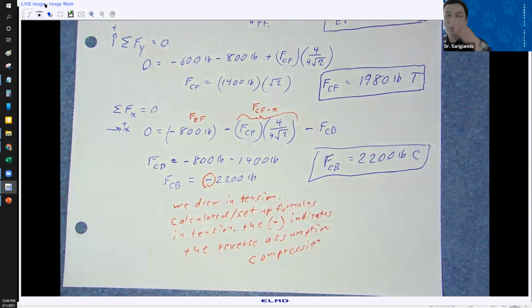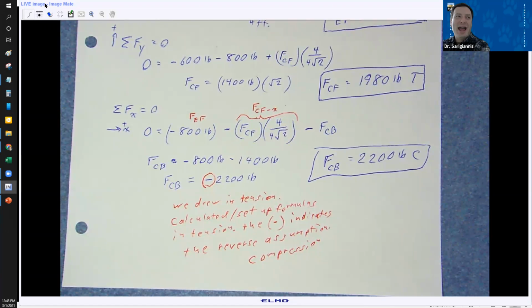Now, the other thing I saw in the homework, not too much, but just occasionally, if you're going to report a force, have a direction, but don't report a sign and a direction. In other words, negative 60 newtons up, or negative 60 newtons down, well, that's kind of redundant, right?